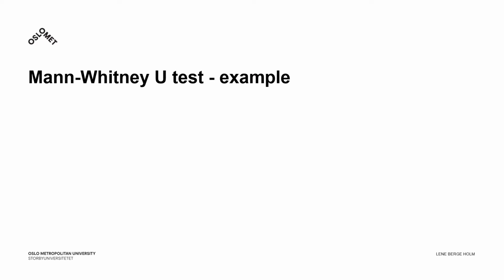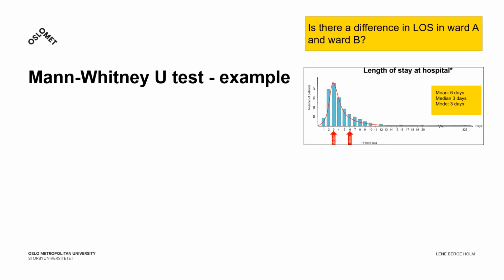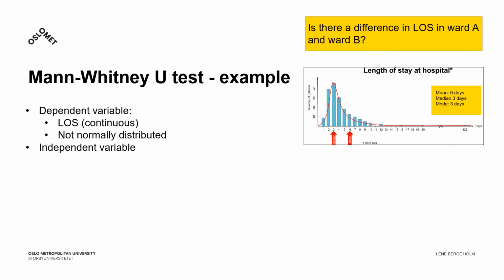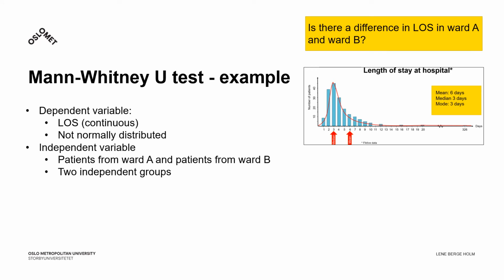So let's look at an example. The same with the length of stay. Is there a difference in length of stay in ward A and in ward B? The dependent variable is the length of stay, which is continuous, but now this one is not normally distributed. The independent variable is the patients from ward A and patients from ward B, or the two groups which are independent.